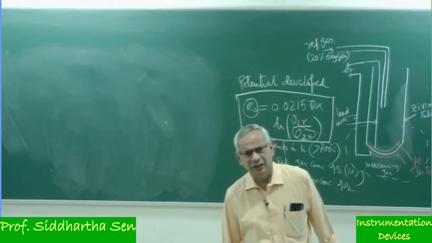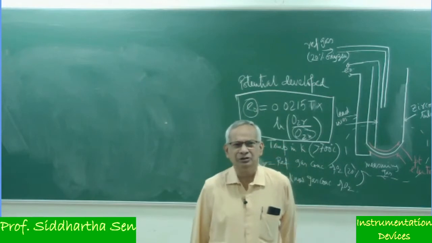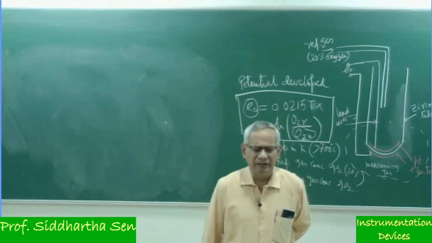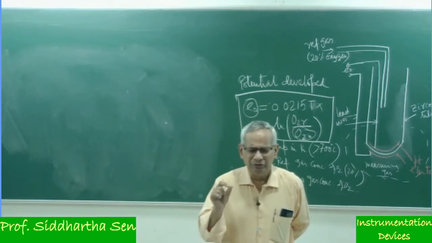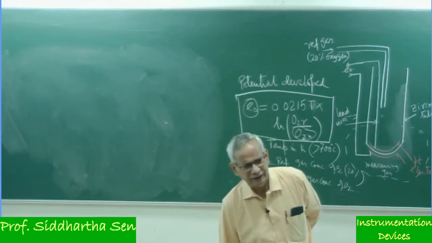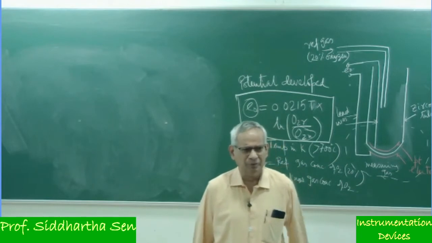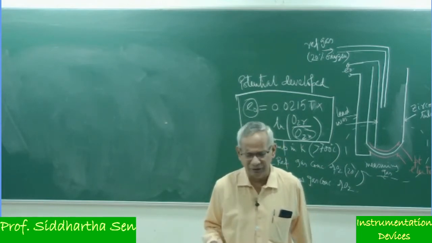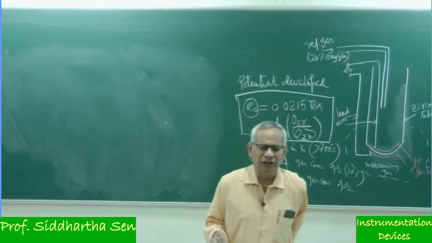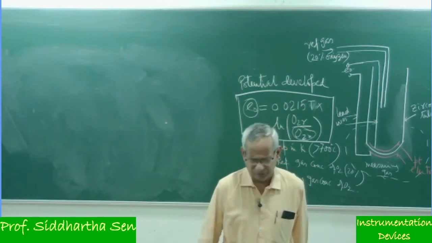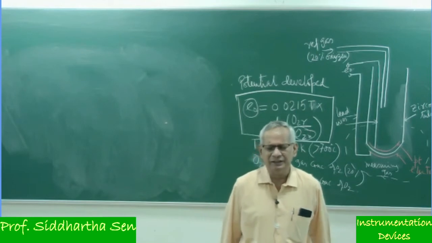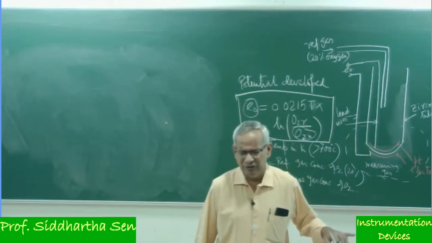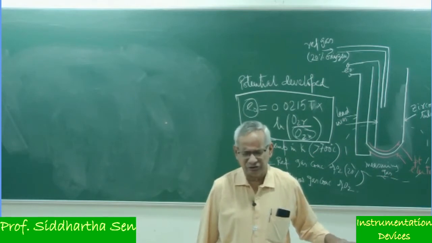Whereas I want the sensor to be very small in size and maybe use and throw type. You must have seen that for blood sugar measurement the kits are now available, which are basically use and throw type. And similar techniques are also available for hydrogen ion concentrations.